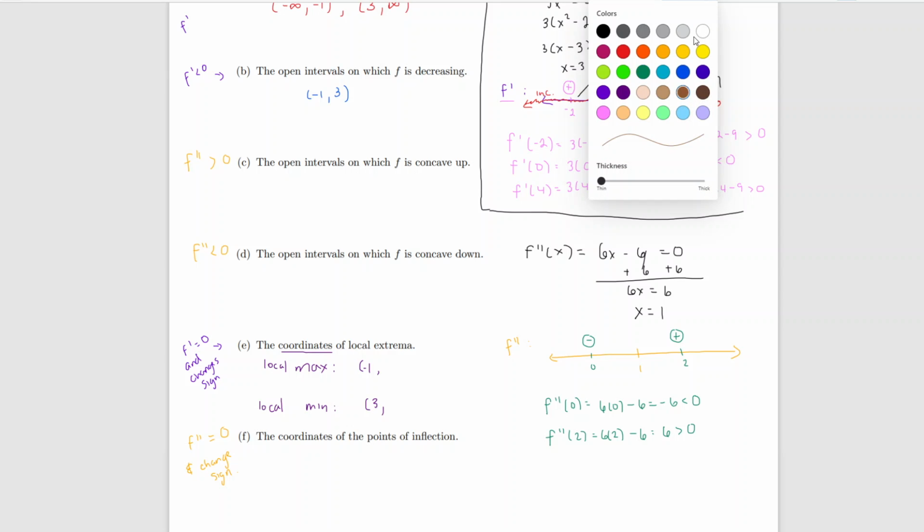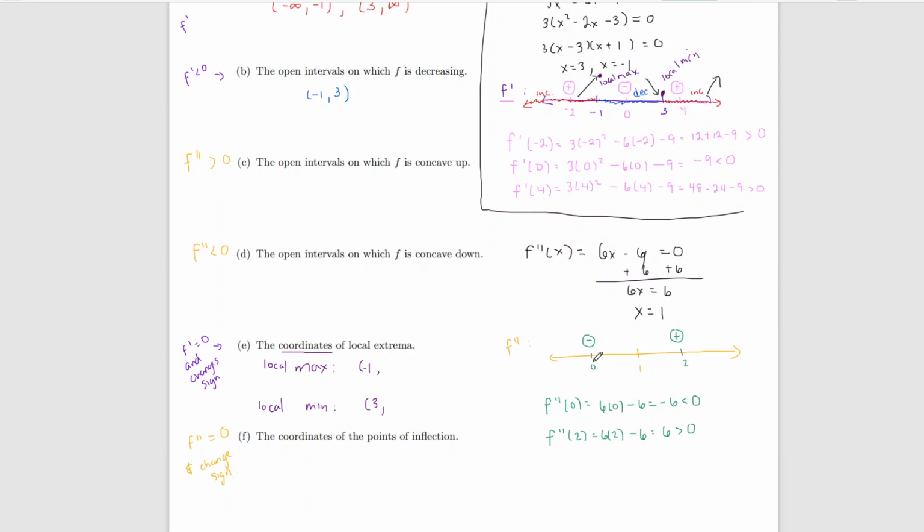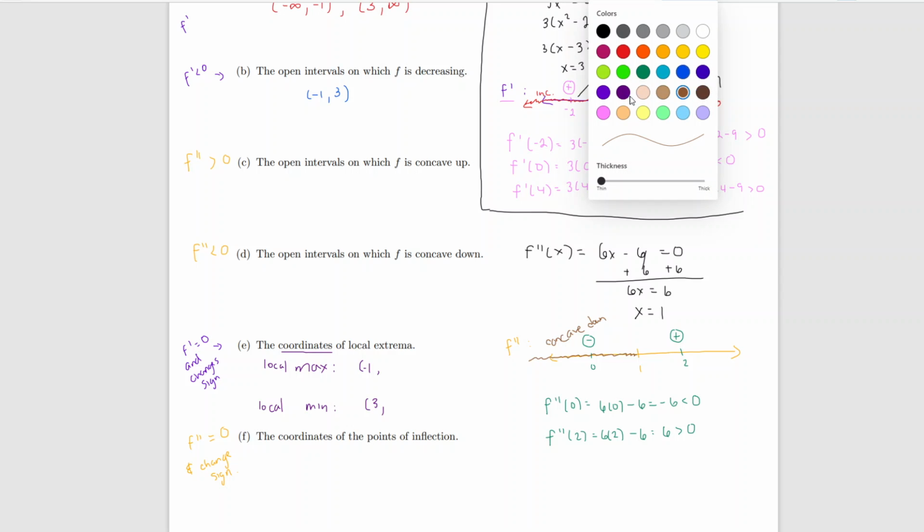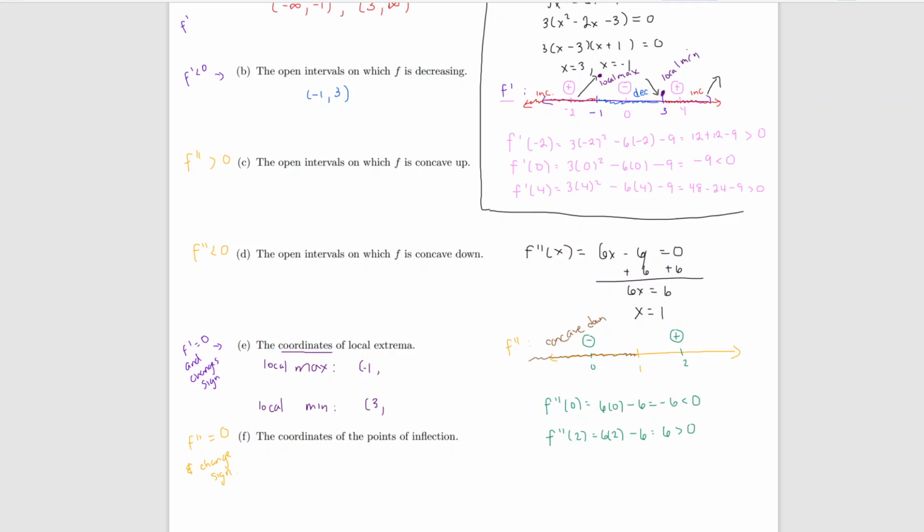But I only care about the sign here, so I'm going to put a plus. And as far as concavity goes, it's probably nice to label it like we did above. So for the interval to the left of 1, where 0 is, it's concave down. And for the interval to the right, let's see what color we haven't used. We really haven't used orange.